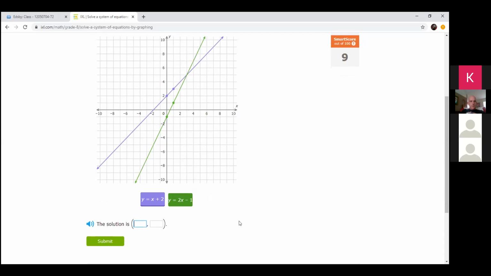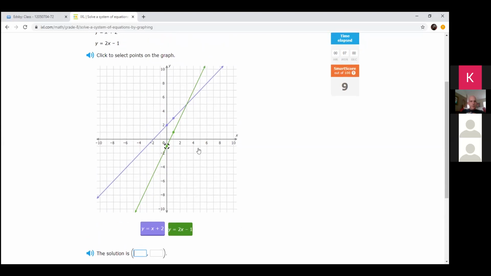Well, what's your x value at that point? How far over on x is that value? 5. That's your y value there.